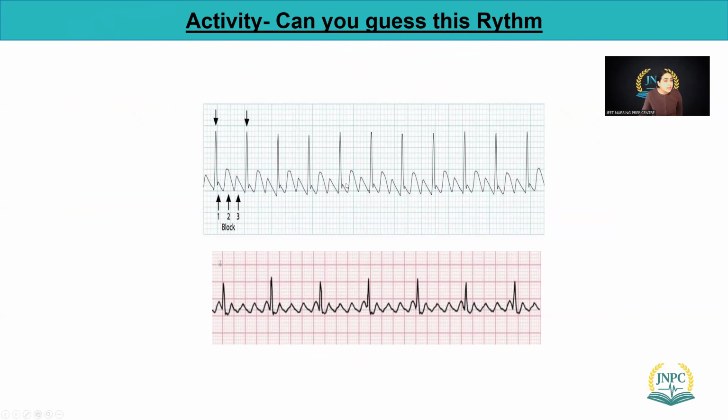All right, so look at this rhythm. What do you see? First question, is this rhythm regular? Look at that R to R interval, that gap. Is it the same? Looks regular, right? But now, can you look at the P wave?